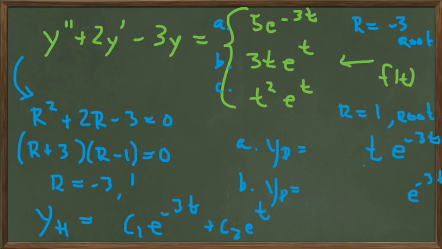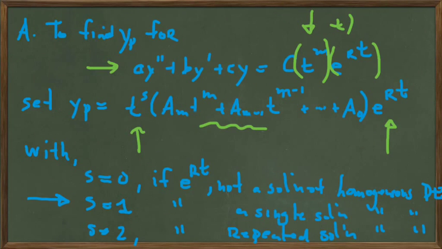In this next case, we have this 3t out front of the e to the t, so it is this case right here with m equaling 1, so it has this term and this term as well.